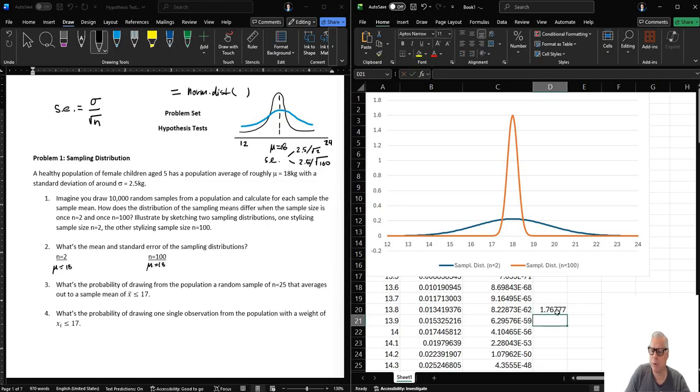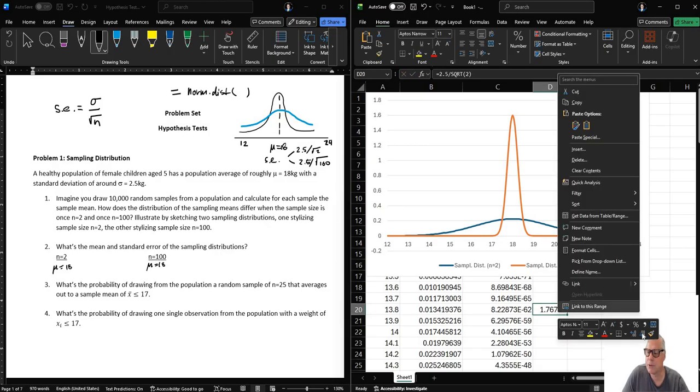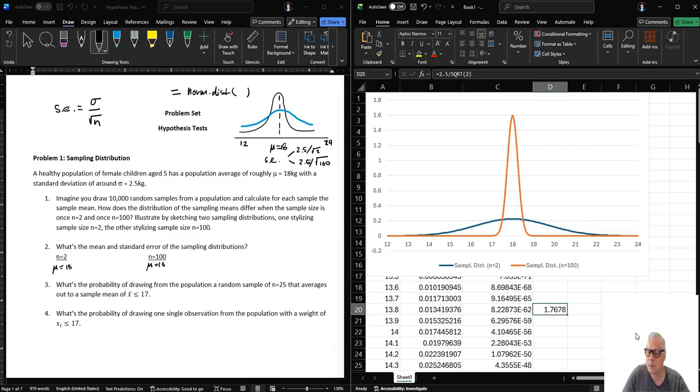So that would be 1.768, or 2.5 over the square root of 2, and here the standard error would be 2.5 over 10 or 0.25. Okay, but the point is, a more representative sample reduces the standard error.